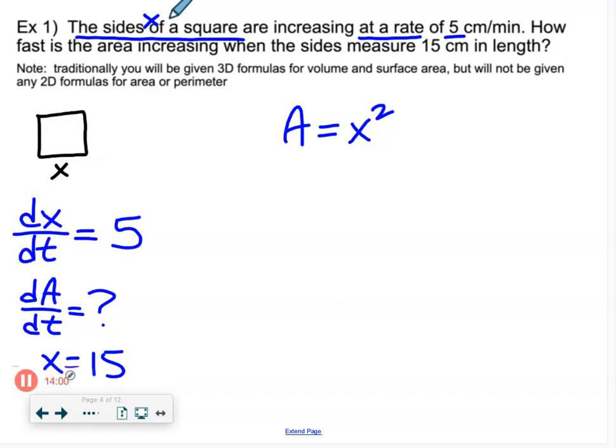All right, so take a minute, differentiate this with respect to time. Please do not do logarithmic differentiation.